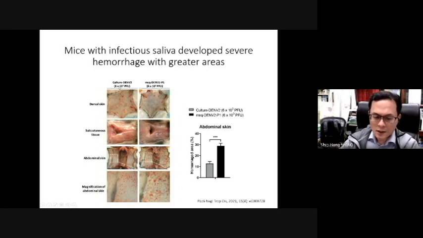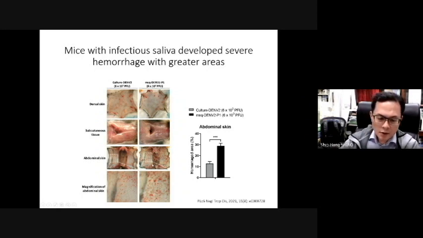So again, we can see that mice receiving this MSQ DEN2 P1, the P1 passage virus, developed more severe hemorrhage in the abdominal skin compared to those given culture DEN2.